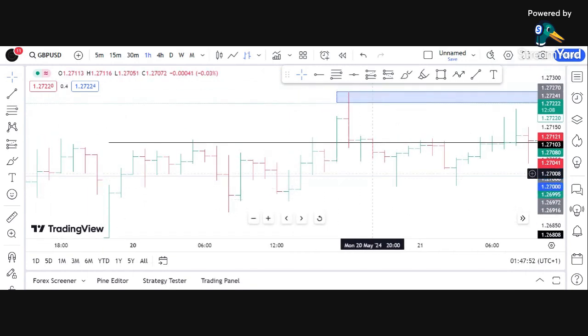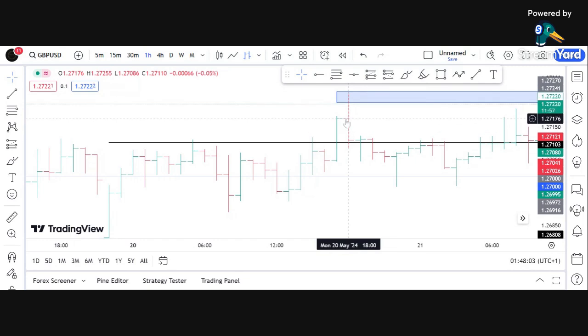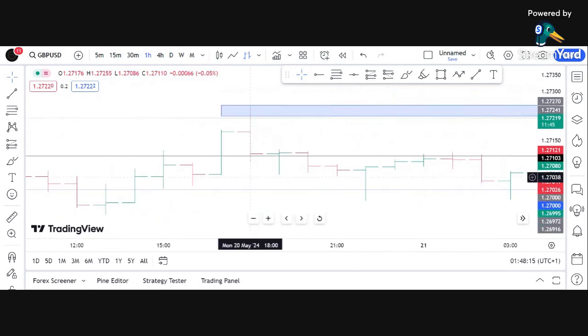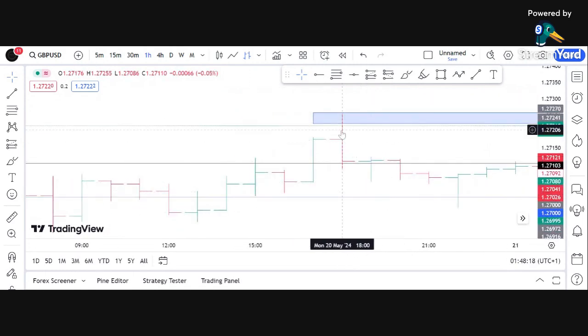So this is the opening of the bearish candle. This line at the left side is the opening of this bearish candle. Let me zoom in so you can see it. Because we're on the 1 hour time frame, each of these bars represents 1 hour.